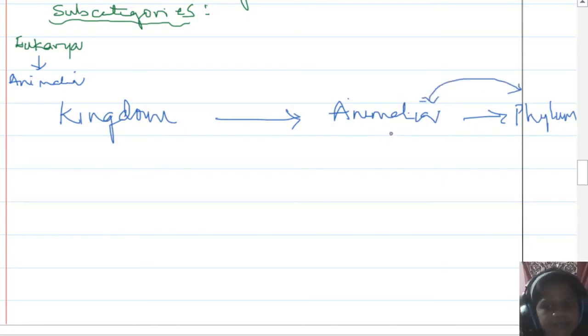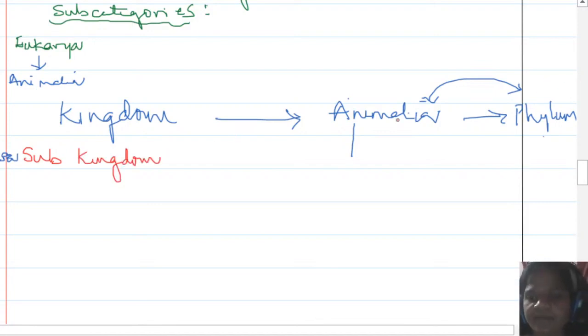There are 9 phyla. Now let's see. Now kingdom Animalia has subkingdom. There are subcategories, okay? So after kingdom comes subkingdom. Let's take another color. Subkingdom.